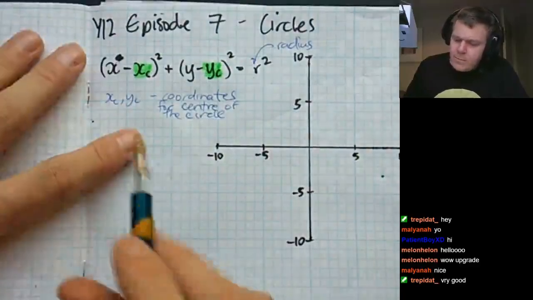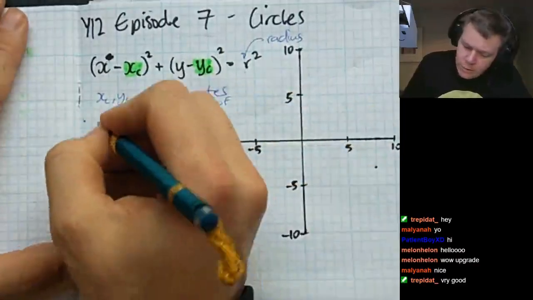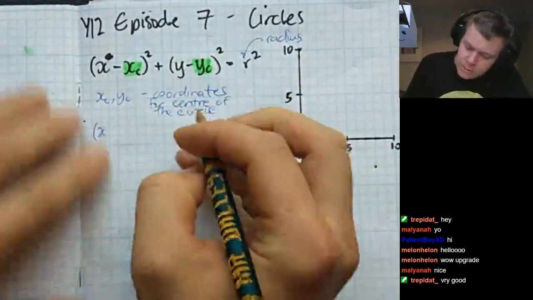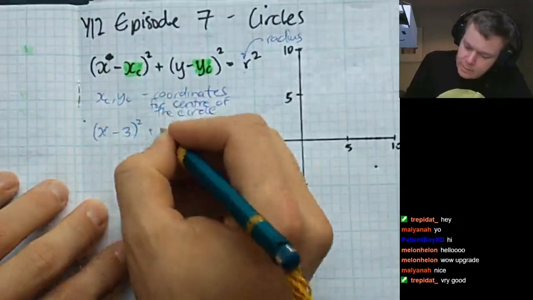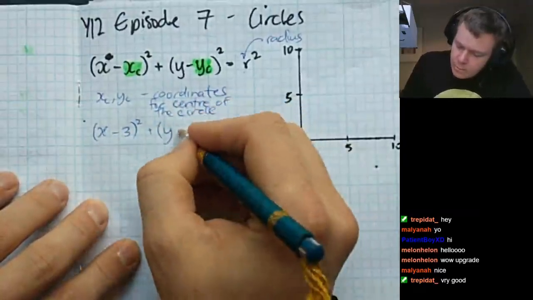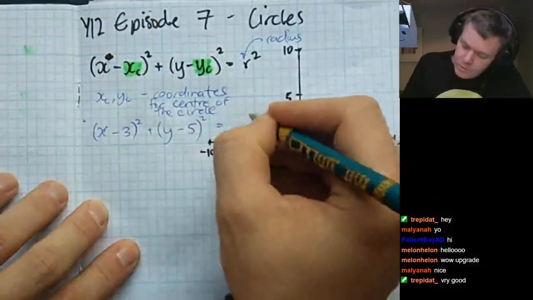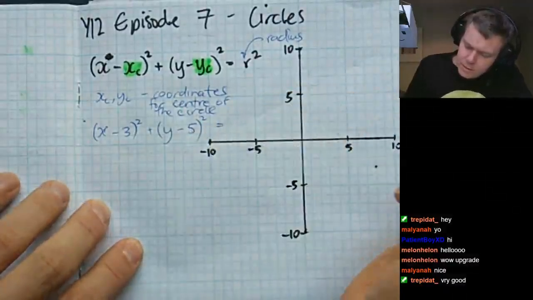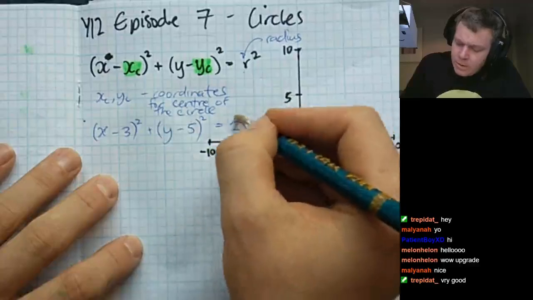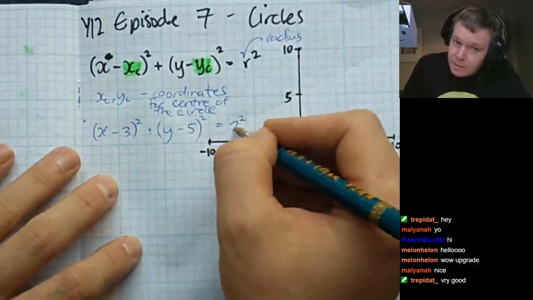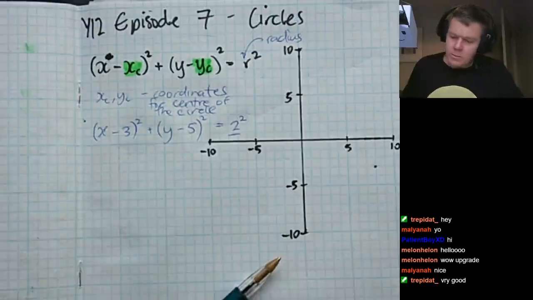First off, I'm just going to show you how a very simple one would work. One formula for a circle might look like this: x minus 3 squared plus y minus 5 squared equals 2 squared. It's not always written as 2 squared, you might just have it written as 4, but basically the radius of our circle is going to be 2.